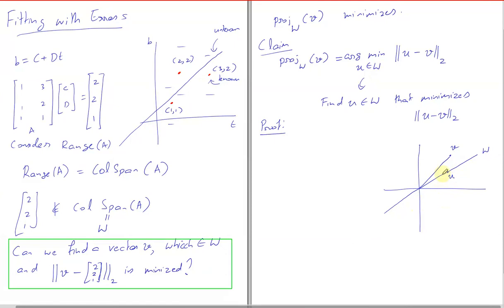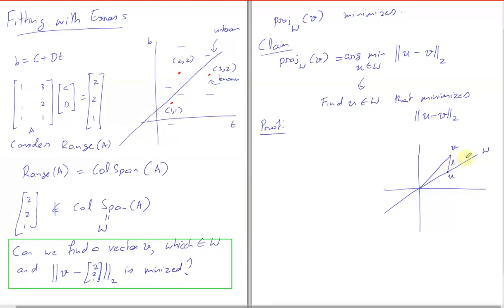So what do we want to minimize? We want to minimize this length minus this length, right? What is this length minus this length? It is basically this particular length, which is the thing that we want to minimize.